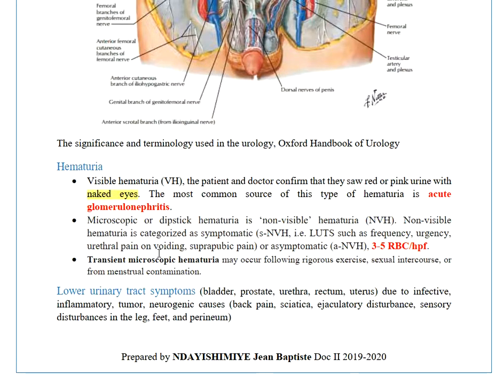These are what are known as lower urinary tract symptoms. So a patient comes with either visible hematuria or non-visible hematuria, and non-visible hematuria can be symptomatic or asymptomatic.